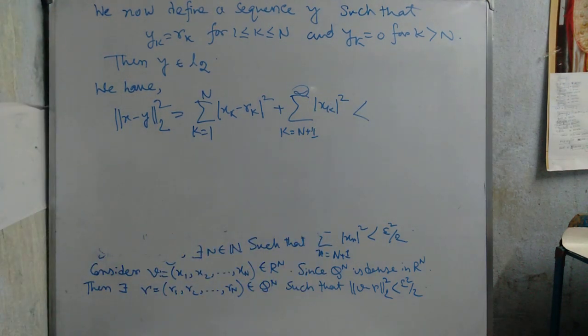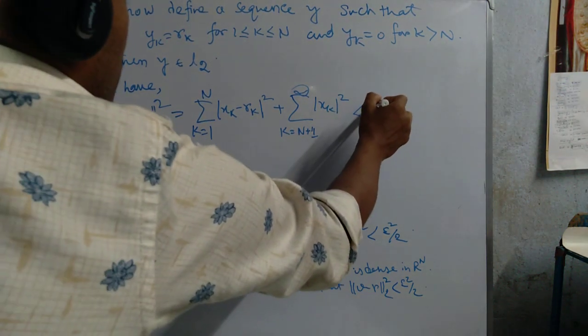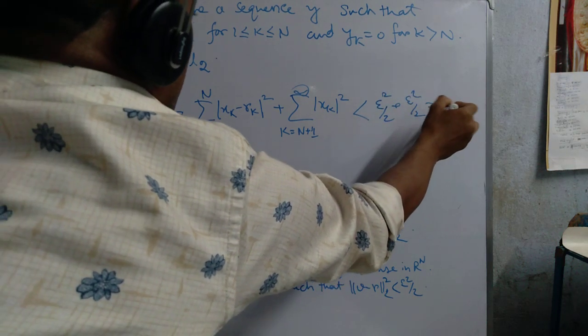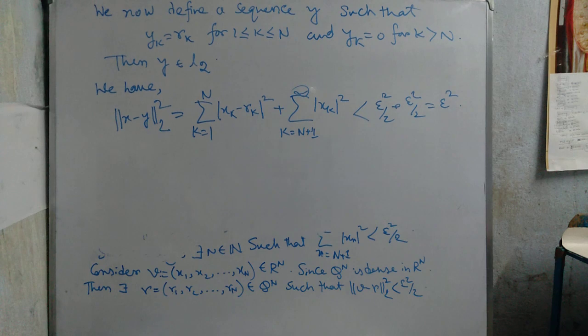This is less than or equal to epsilon square by 2 plus epsilon square by 2, which is epsilon square. Then we get norm of x minus y squared is less than epsilon square.